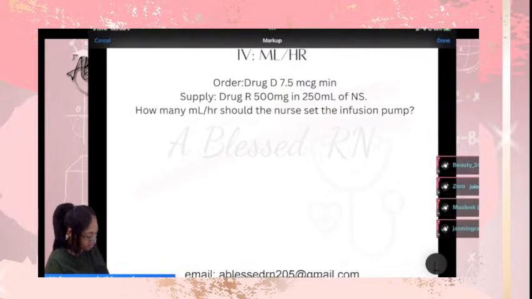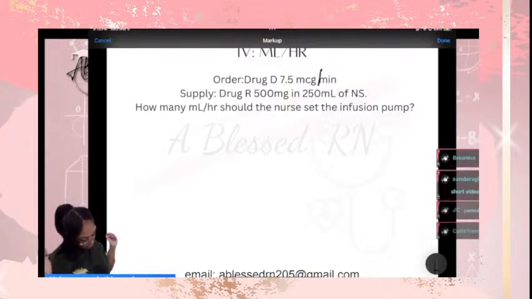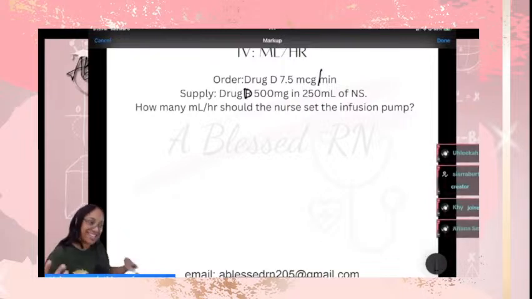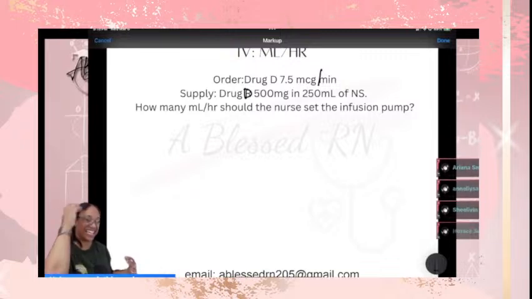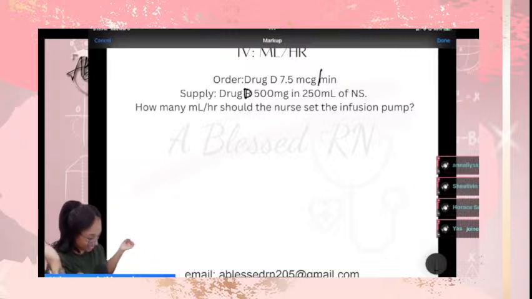Okay. All right. So drug D, 7.5 micrograms per minute. My bad. So drug D, 500 milligrams in 250 mLs of normal saline.